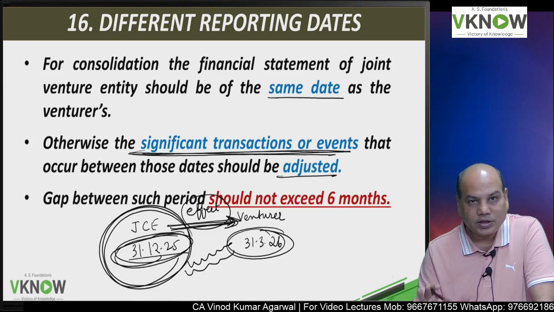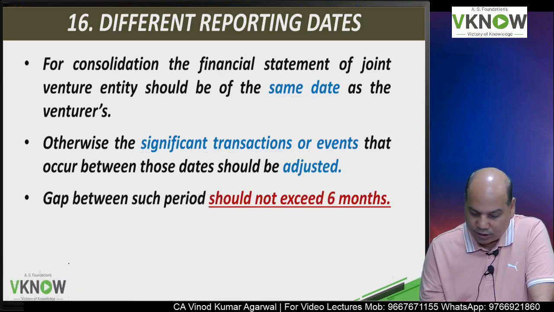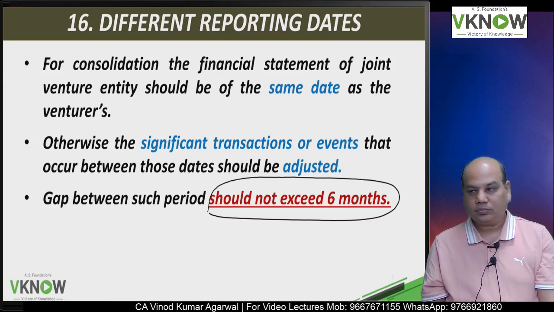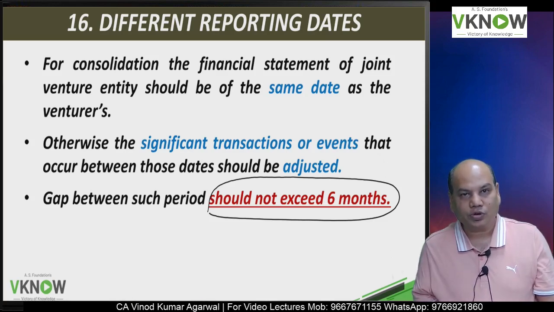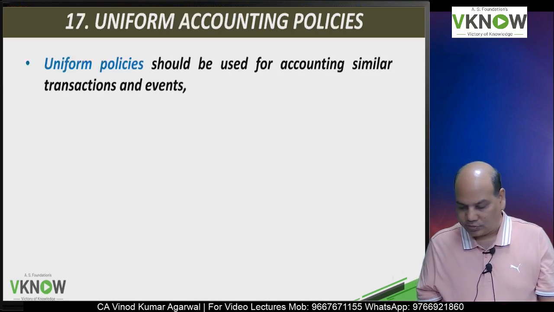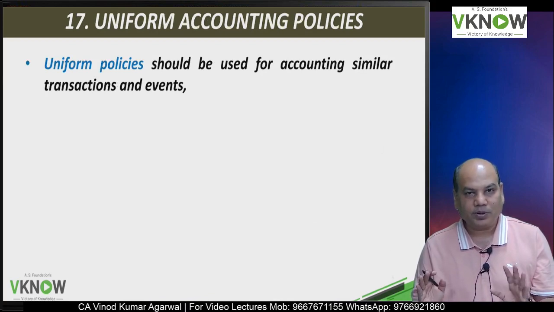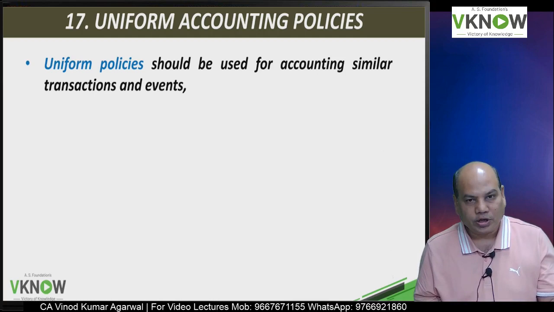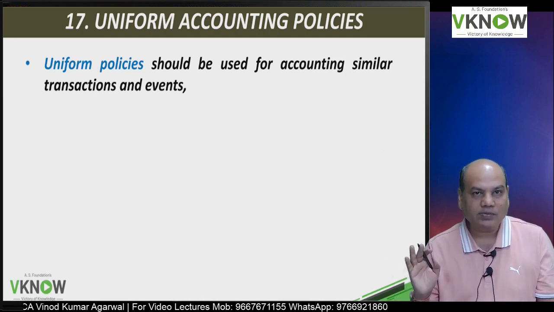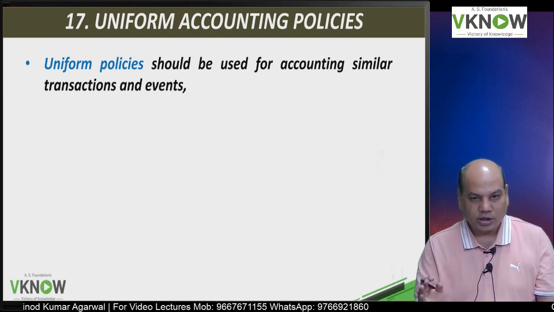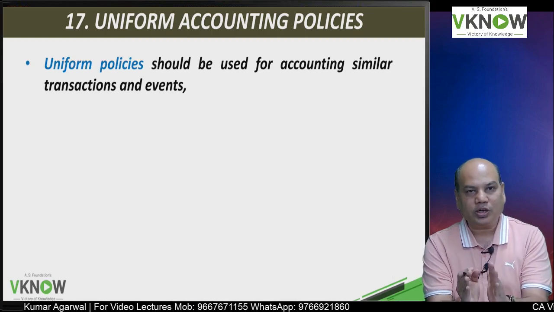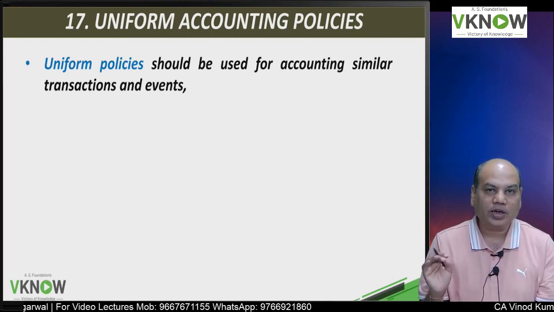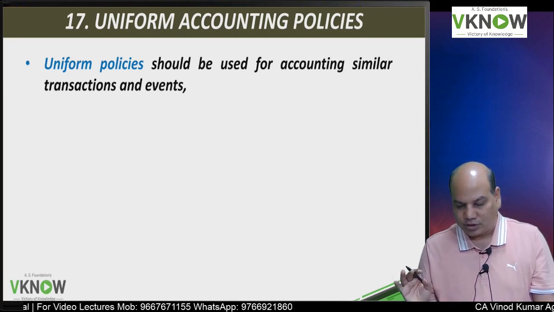And the standard says in any case the gap should not be more than 6 months. So the maximum gap permitted between the year ending date of the jointly controlled entity and the venturer is 6 months, and the year ending date of the jointly controlled entity should be before the year ending date of the venturer.